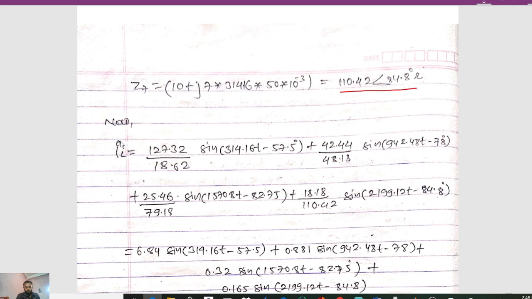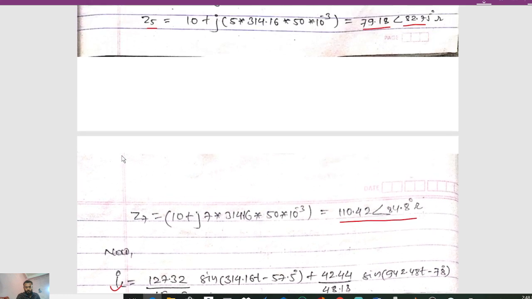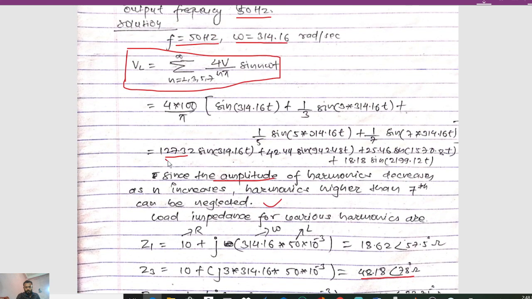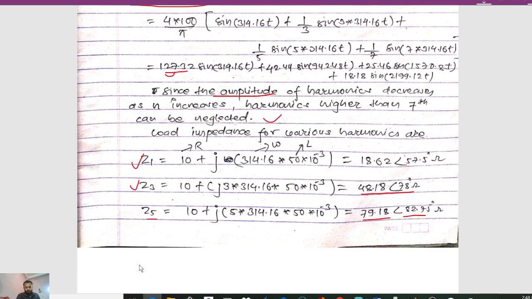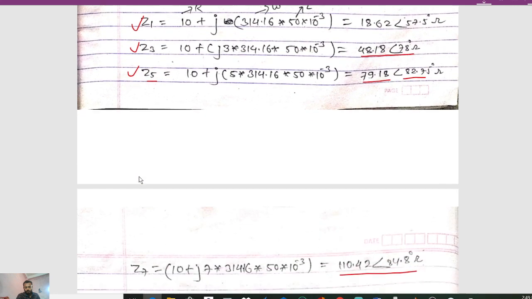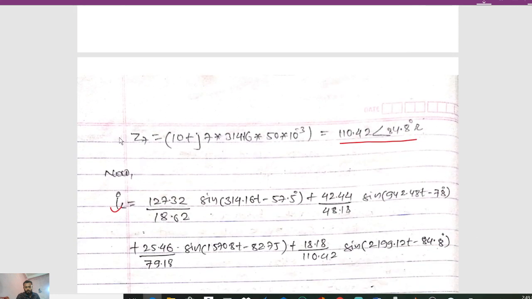Now to calculate the load current, IL, we have obtained the values of VL and Z1, Z3, Z5 and Z7.